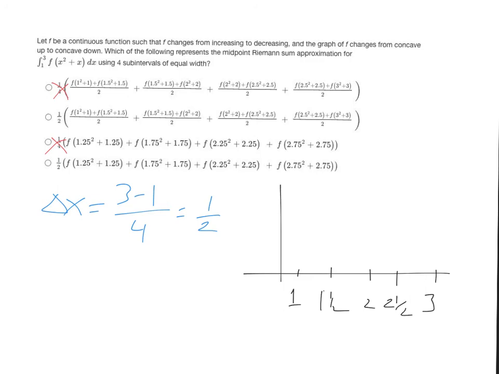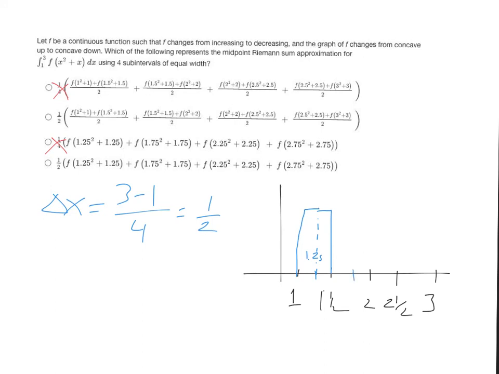But I'm not using left endpoints or right endpoints. I'm actually using midpoints here. So this would be 1.25. That's the value that I have to plug into the function and then go up until we hit the actual graph, and then go a little bit left, a little bit right to get my rectangle. So the first input value has to be 1.25.